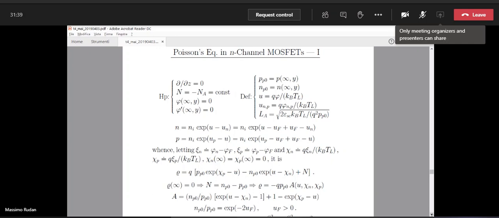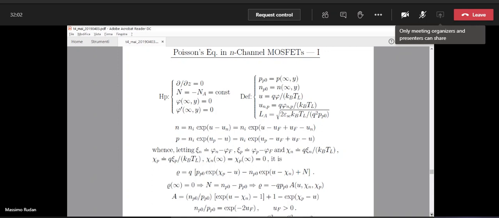Now we go to the definitions on the right. As usual, we assume that the majority carrier concentration, that is the concentration of the holes in the bulk, is pp0. That of the electrons is np0 for every position in the channel.